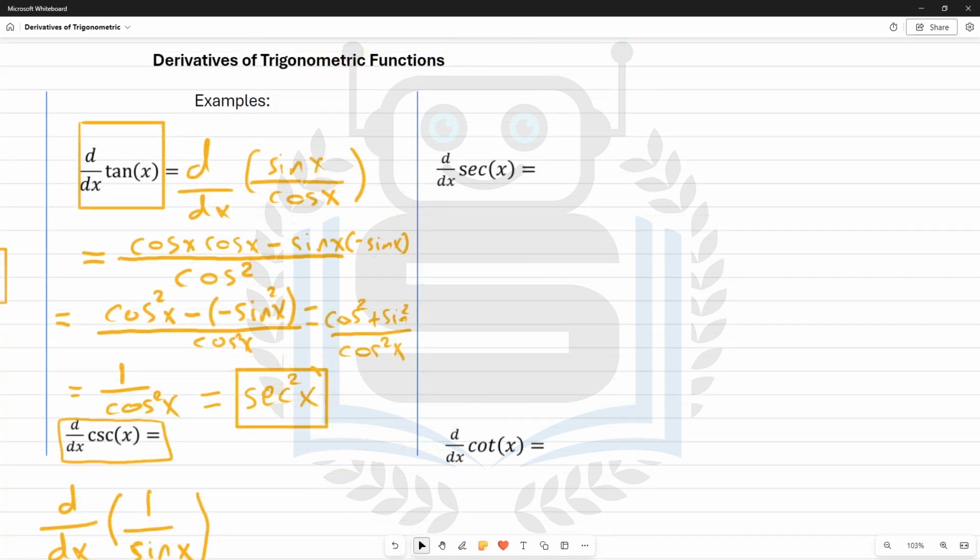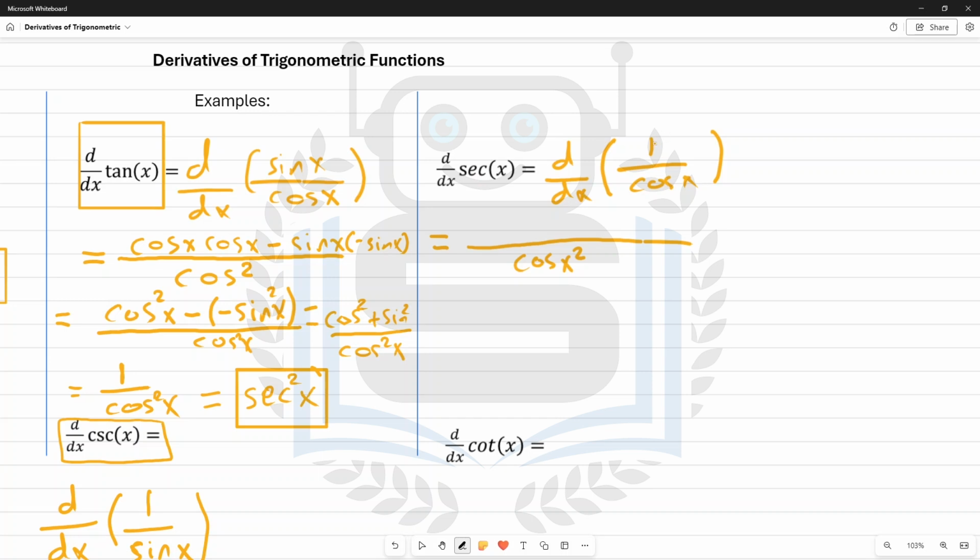Next, the derivative of secant x is really the same. That's d over dx of 1 over cosine x, which equals, as we said before, the denominator squared, that's cosine squared x. Then the numerator is the denominator times the derivative of the numerator.